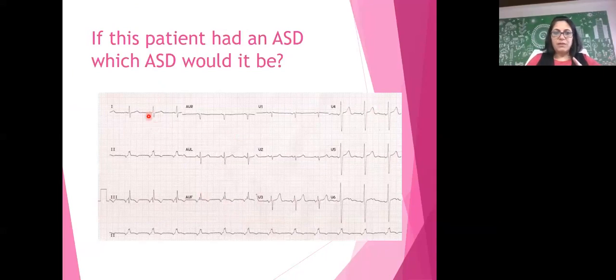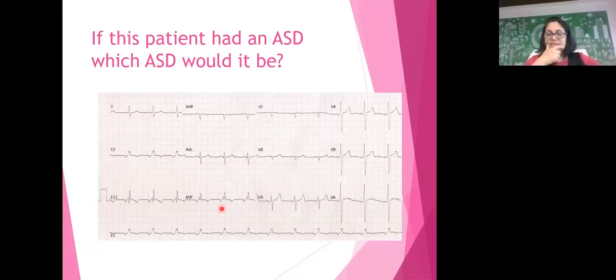Now look at the P wave. Upright in lead 1, negative in aVF, right? If you look at these two leads, 1 and aVF, when you look at ECGs, they give you a lot of information. So now it's upright in 1, negative in aVF. What does that tell you? That the sinus impulse is coming from down below up, right? So if this patient had an ASD, which ASD would it be?